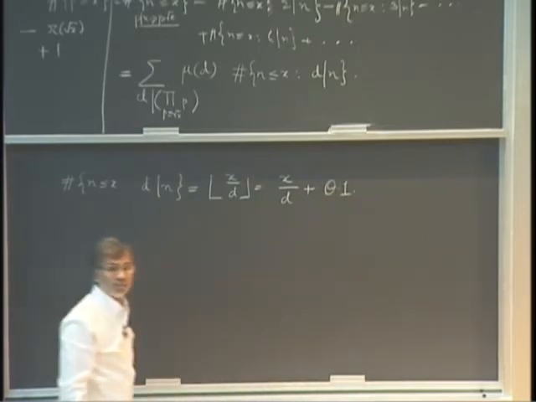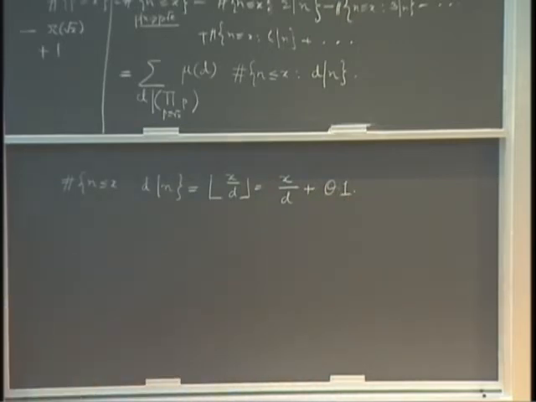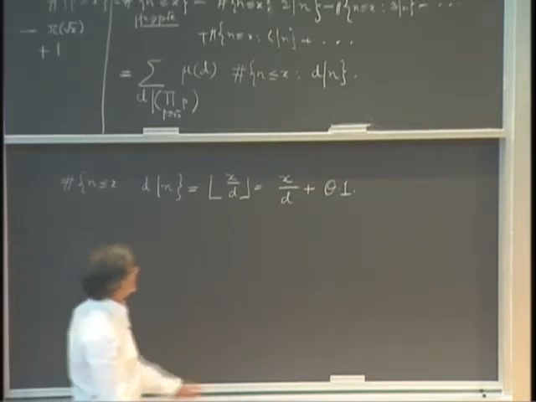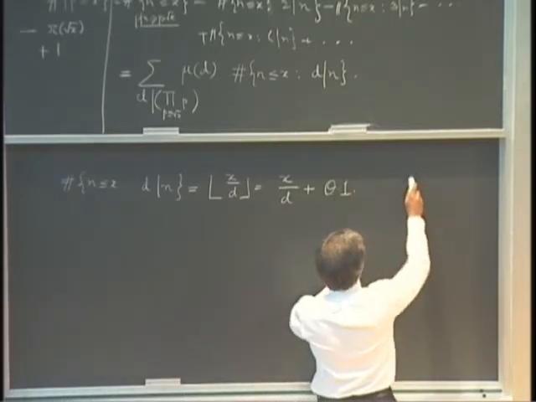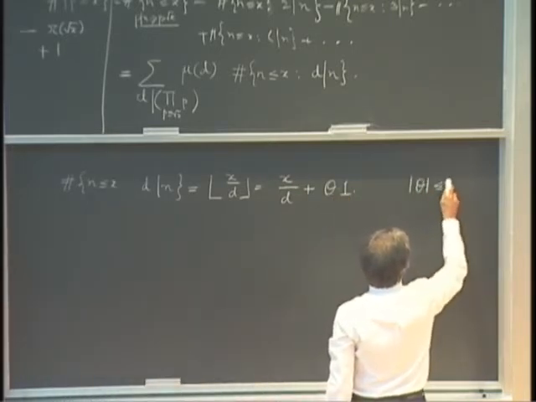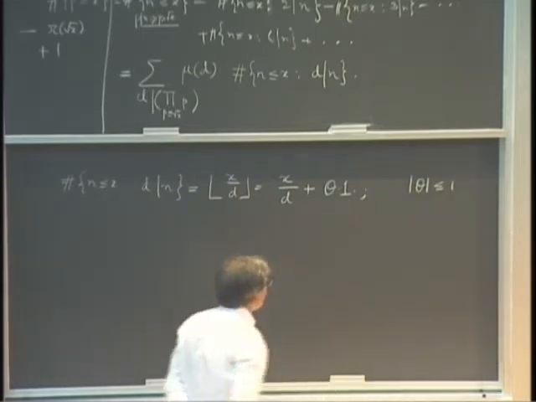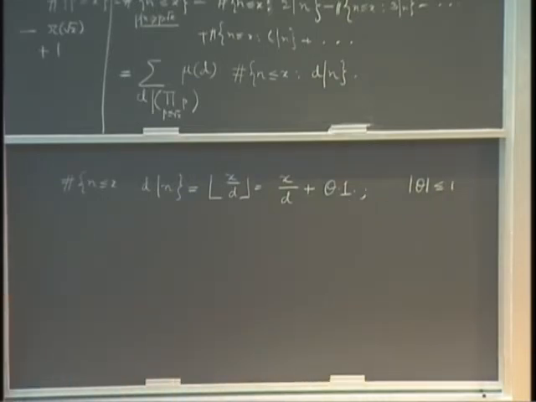So here, if I say theta times 1, I mean that theta is some number which is less than 1 in size. So let's just say theta is less than or equal to 1. Think of it as big O of 1, but the constant is actually 1.